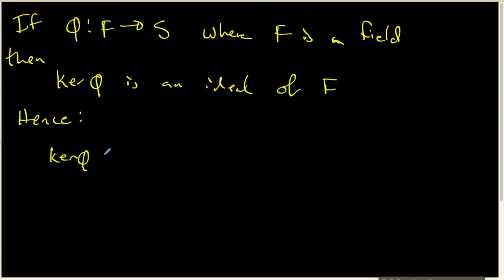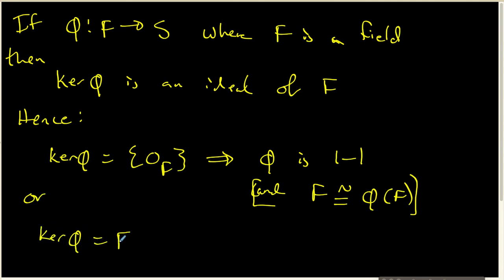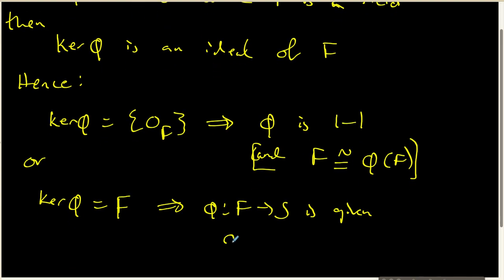The kernel of phi is just the zero element of the field, which will imply that phi is 1 to 1, and that will mean that F is actually isomorphic to the image of phi, or the kernel of phi will be the whole kit and caboodle of the field F, and that will imply that phi taking F into S is given by the formula phi of f is equal to the 0 in S for all f inside the field.